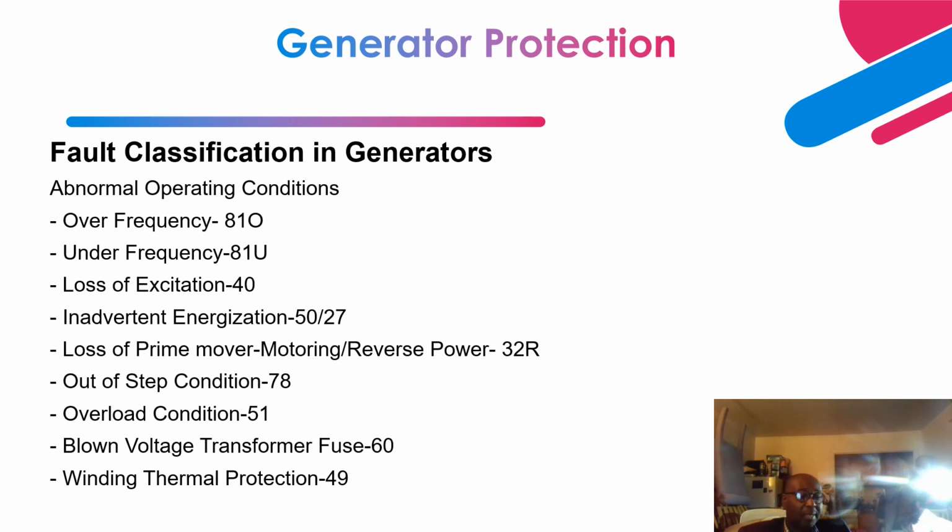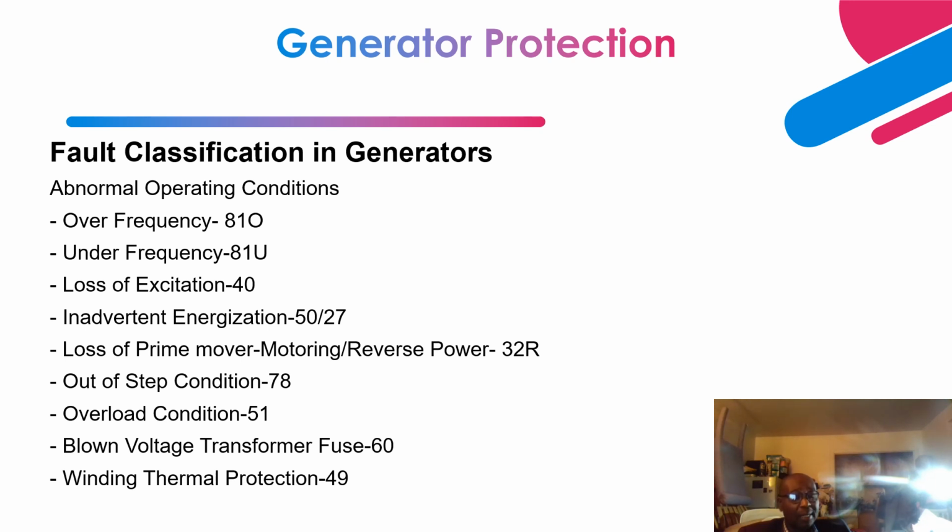Next is under frequency condition, designated by ANSI device 81U. Under frequency occurs if you have an extensive amount of load picked up by the AC network, with the generator picking up the load as well.